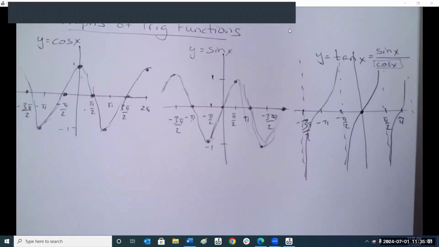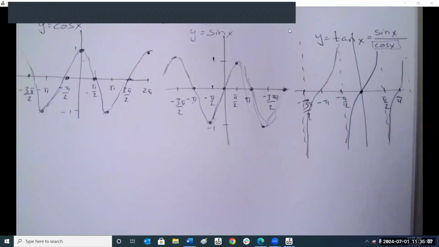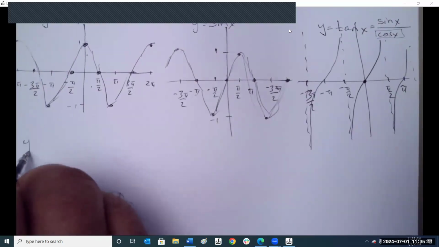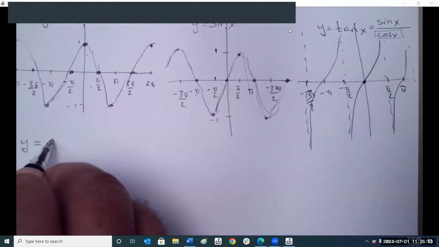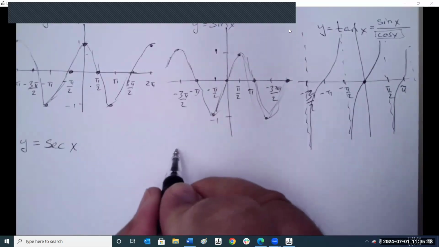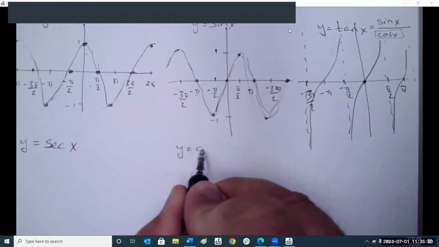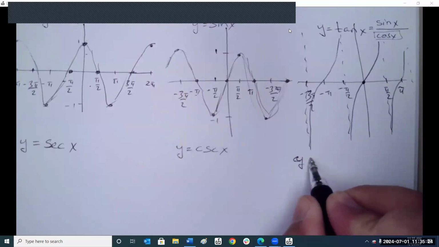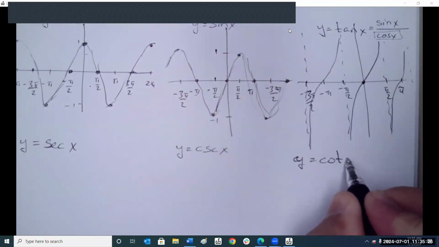So what we have to do now is we'll do the secant and cosecant and cotangent. We'll look at those. We have the secant, we have the cosecant, and we have the cotangent.